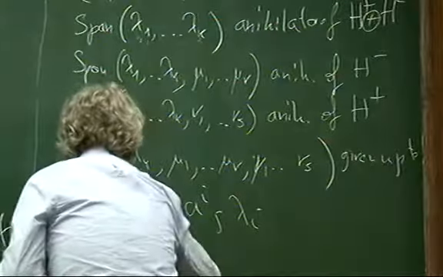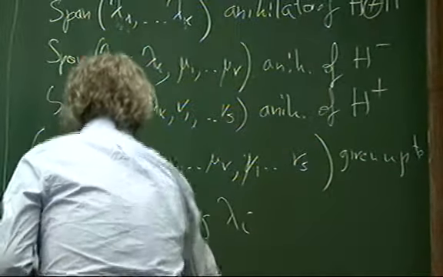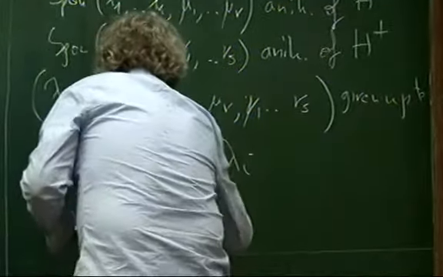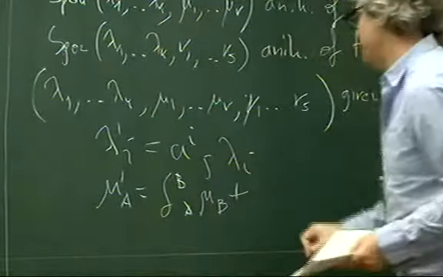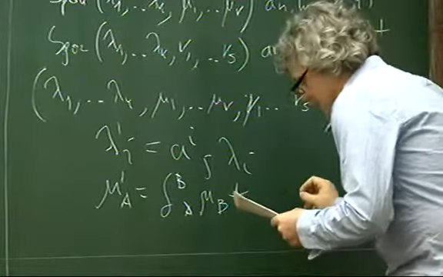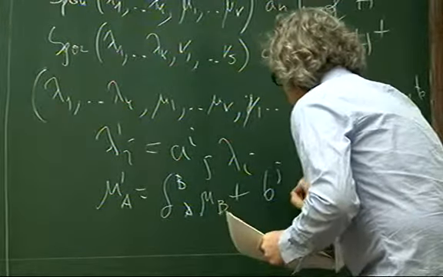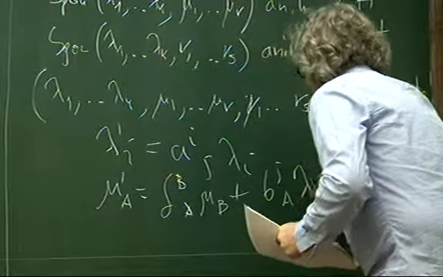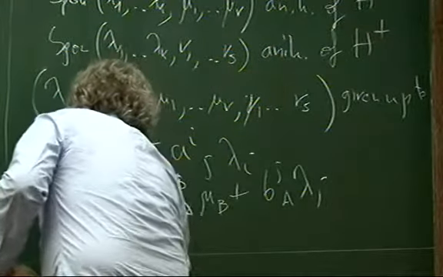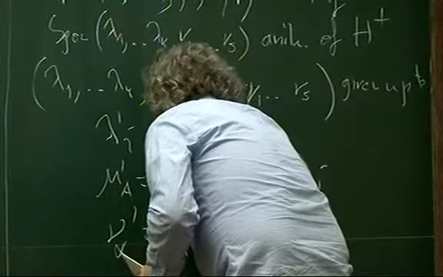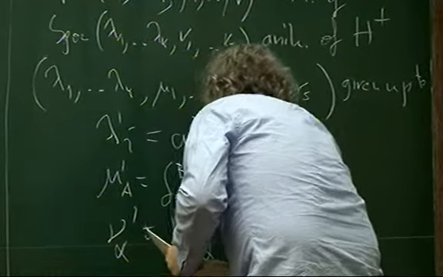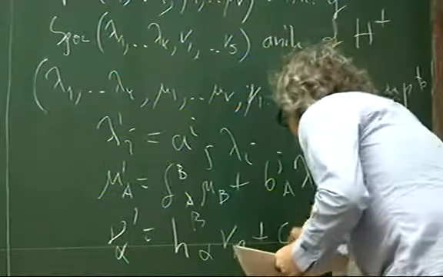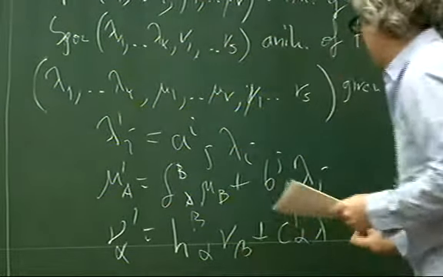I can replace my mu's by some matrix that mixes mu's and can add some piece of lambda. And finally, I can replace my nu's by some matrix that mixes nu's, and I can, of course, still add some of lambdas.